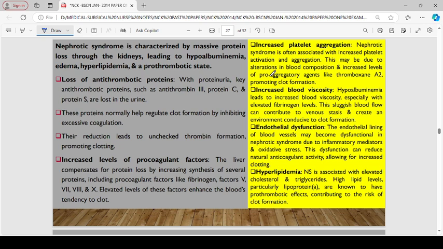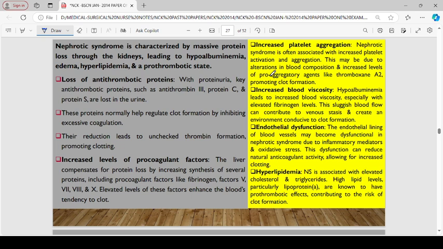With this proteinuria, key anticoagulant proteins such as antithrombin 3, protein C, and protein S are lost in the urine. These proteins normally help regulate clot formation by inhibiting excessive coagulation. Their reduction leads to unchecked thrombin formation, prompting clotting.